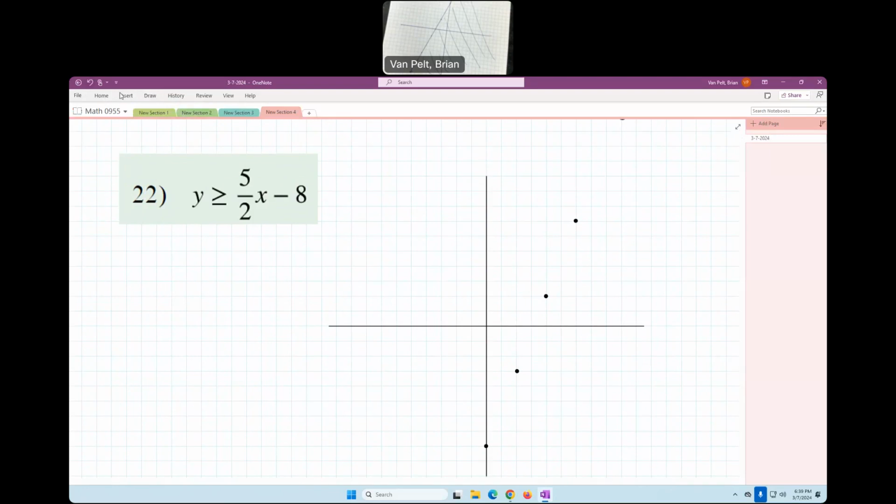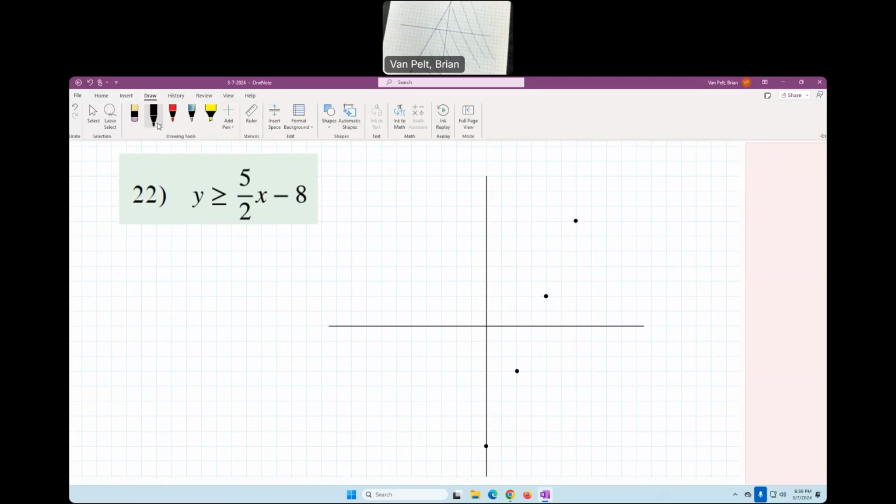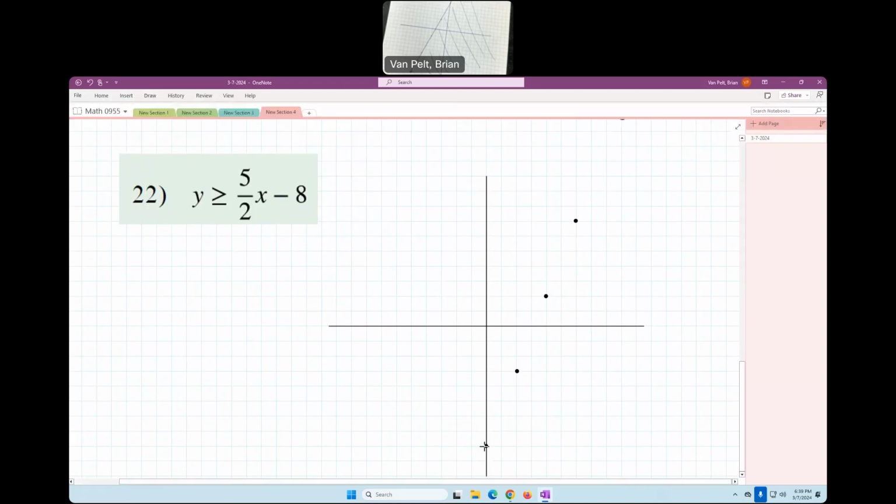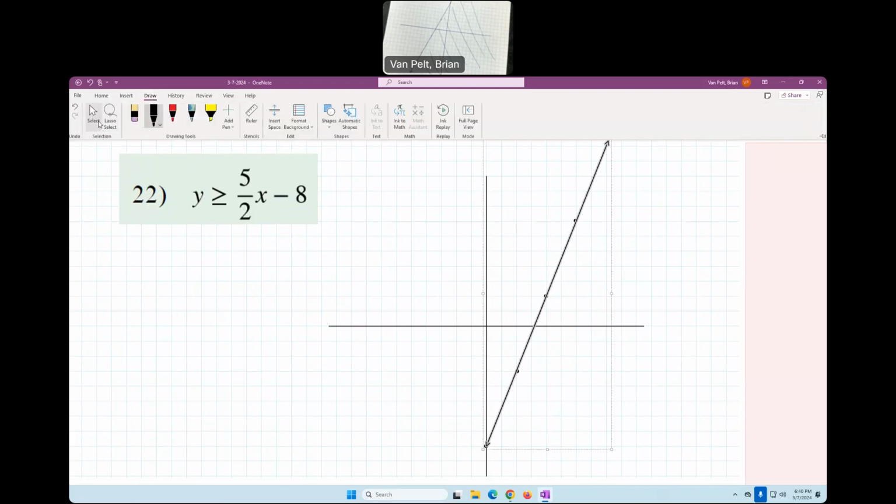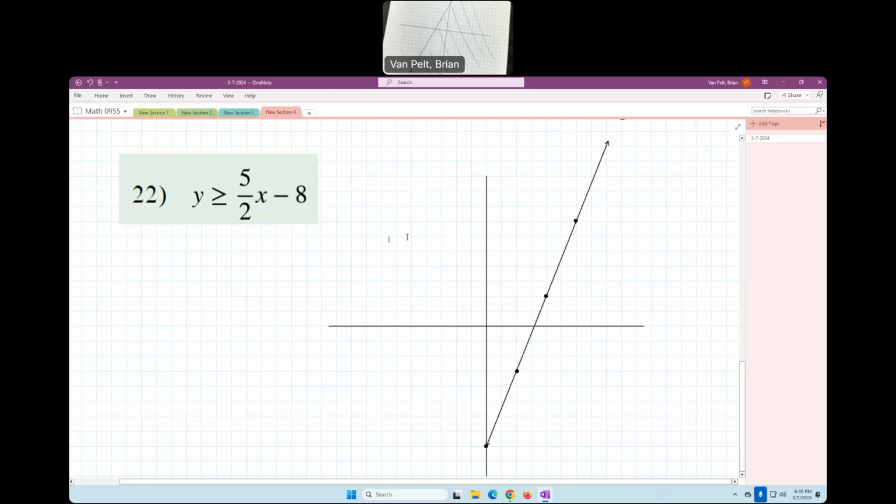Let's go ahead and get my line in. All right, now that we have it, which side should I shade, above or below?